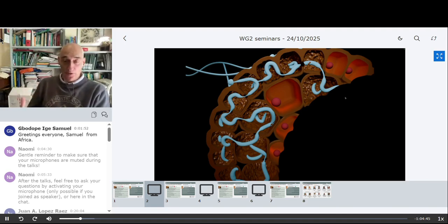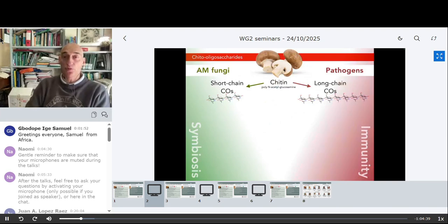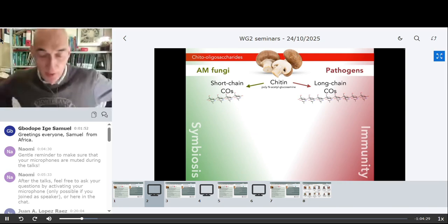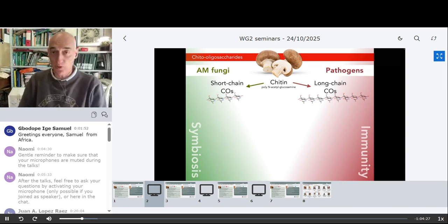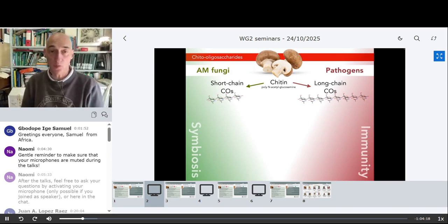So in spite of this striking difference between the two responses, it may be surprising to see that a key role in the perception of both types of interactions, mycorrhizal fungi and pathogenic fungi, is based on derivatives of the same macromolecule, which is chitin. It's a polysaccharide that is a major structural component of the fungal cell wall.